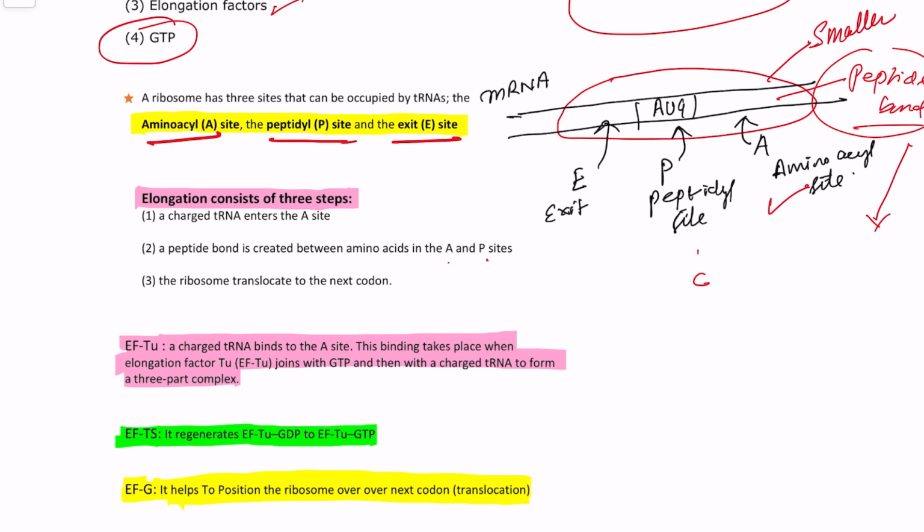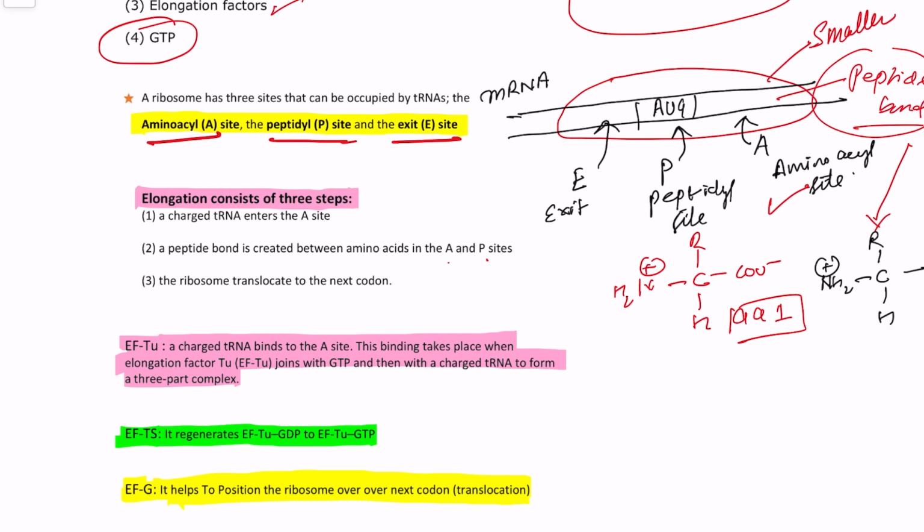Let's say this is one amino acid, right? As I have told you earlier about the structure, this is the carboxyl group, this is the amino group, right? This is amino acid 1, and this is amino acid 2. Any amino acid could be there, right? So this bond is formed between these two components, right?